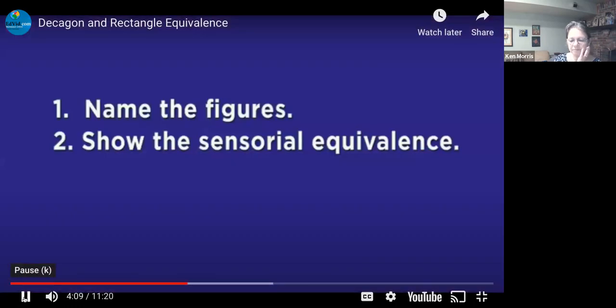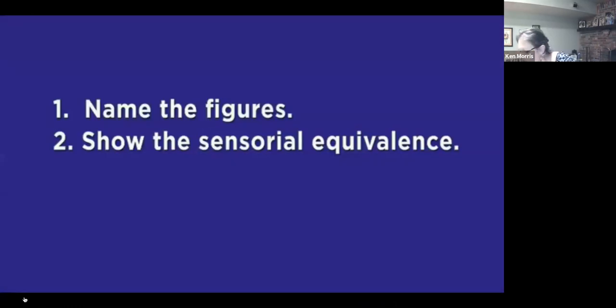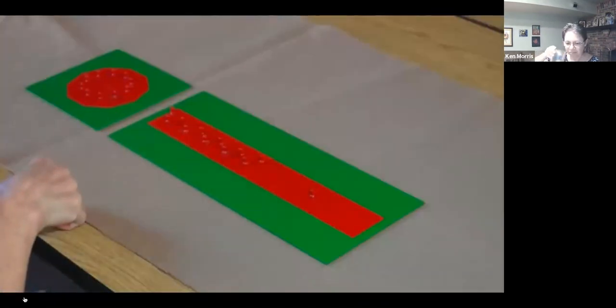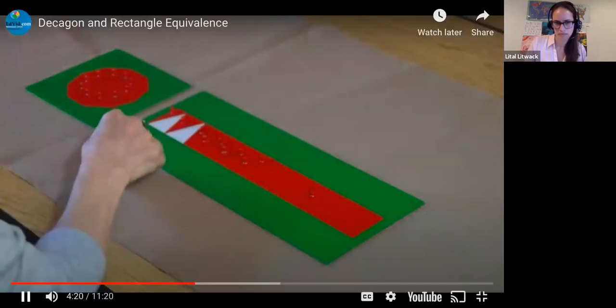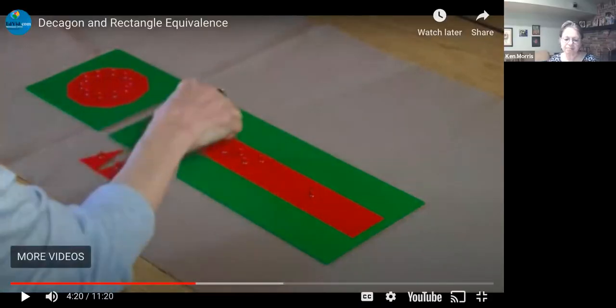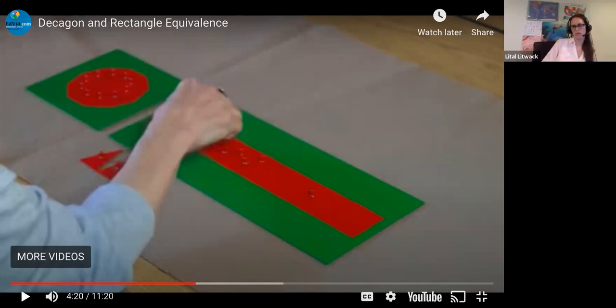This is step 2, showing the sensorial equivalence between the decagon and the rectangle. So I don't think she made it clear enough that the half rectangle that's in triangles is actually equal to the decagon. She didn't make that clear enough.